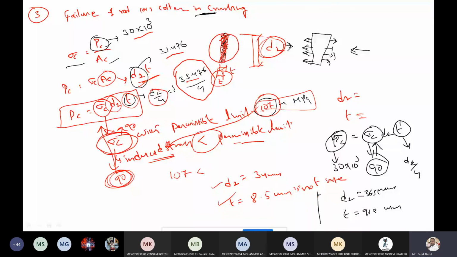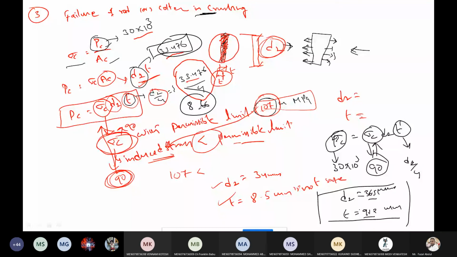Okay. So these two are the safe conditions. So you may get the question, sir. Initially we got 33.476 and T as 8 point something, 8.66 or 8.5. So these values are not satisfying. The now calculated values are more than the previous values. Because of the substitution of 90 here, we are getting these values here.